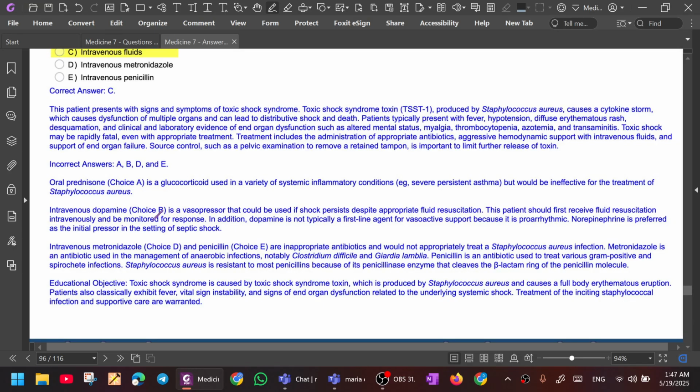Penicillin is an antibiotic used to treat various gram-positive and spirochete infections. Staph aureus is resistant to most penicillins because of its penicillinase enzyme that cleaves the beta-lactam ring of the penicillin molecule.